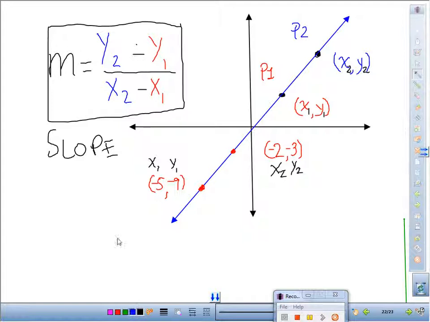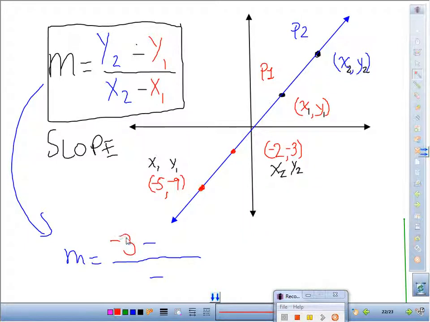I'm going to rewrite the formula down here in blue. m equals, the subtraction doesn't change on the numerator or denominator. So let's use the formula. y2 minus y1. What is y2? -3. What is y1? -9. Since there are 2 negatives here, I put that in a parenthesis.